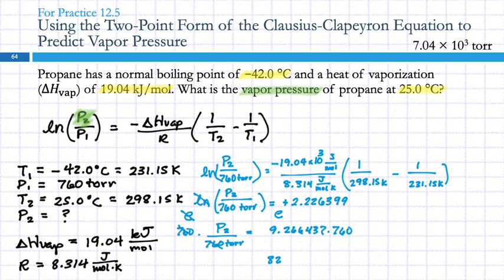There we go. Thank you for your assistance. 7042.49. So that should probably have 3 sig figs. So we would say that's 7.04 times 10 to the third torr.